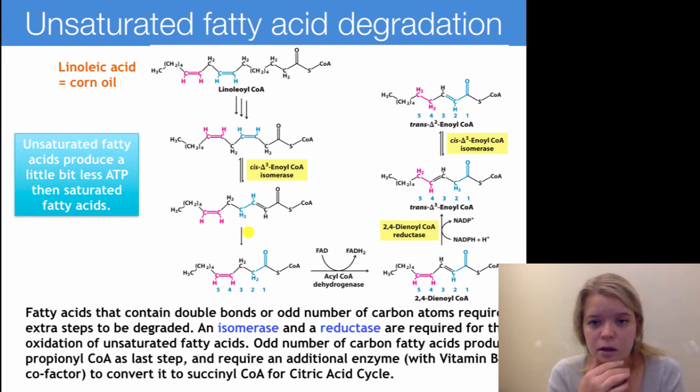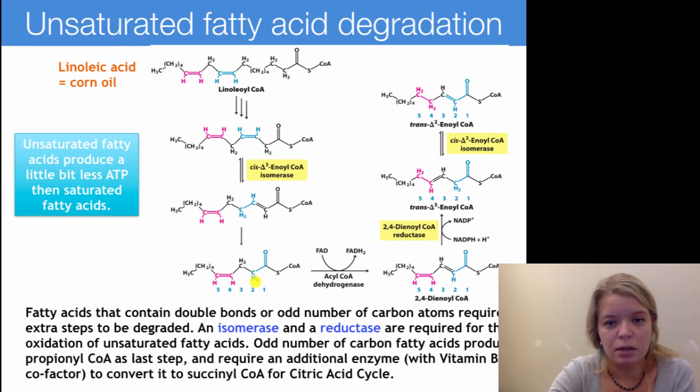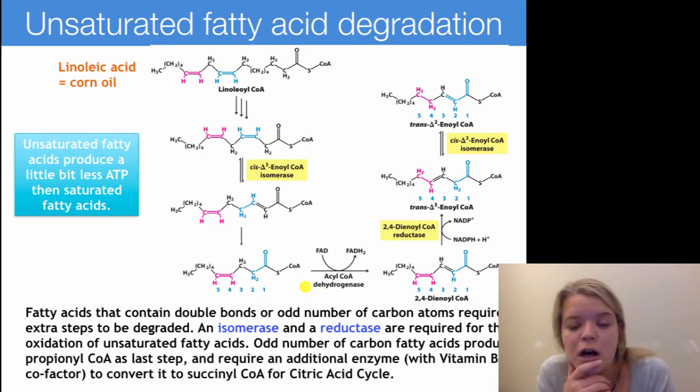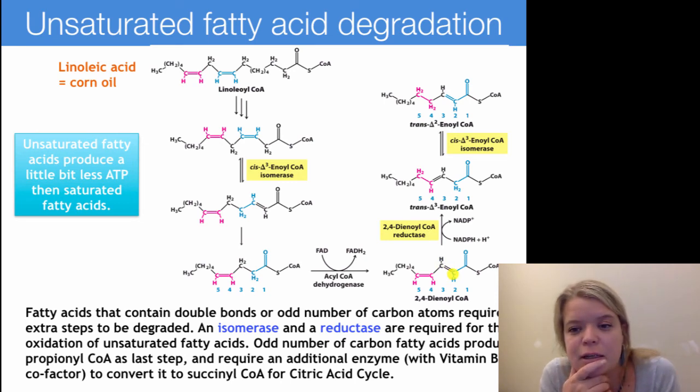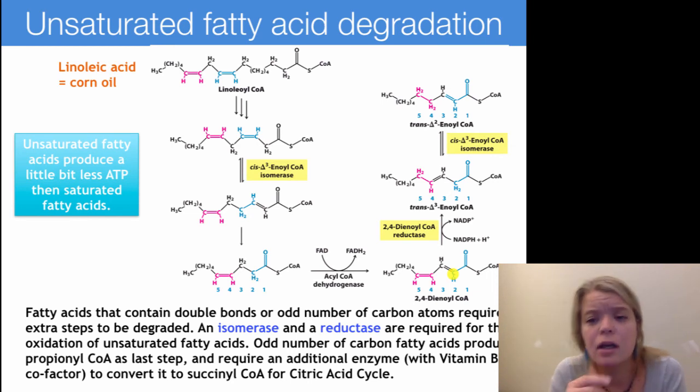Then a hydration reaction occurs where more hydrogens are added, and FAD comes in, which harvests the electrons, converting it back to a double bond, a trans double bond between the second and third carbon.